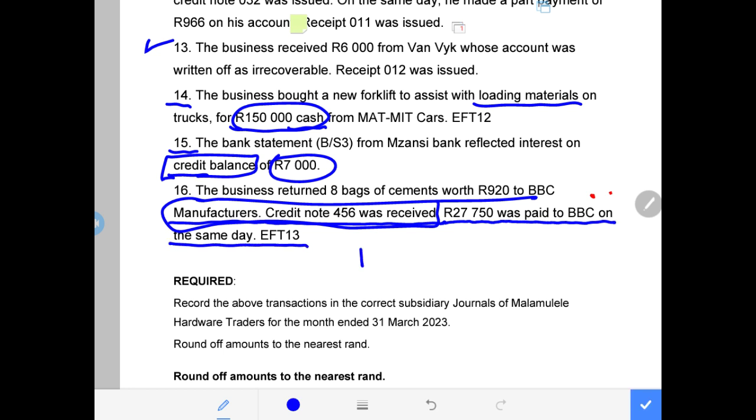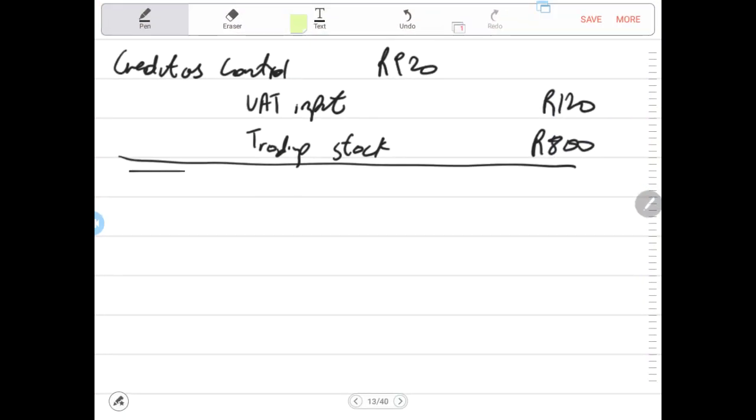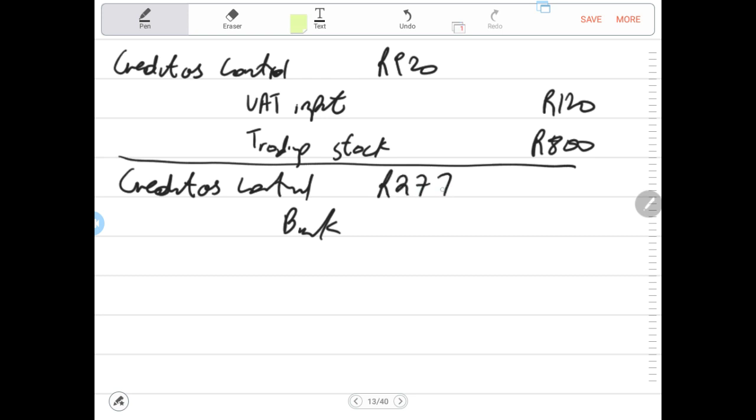Remember, we are owing them, and we took the opportunity to pay them the 27,750. If we pay, remember VAT is not affected. We debit our creditors control. We credit our bank because money went out. How much? 27,750.